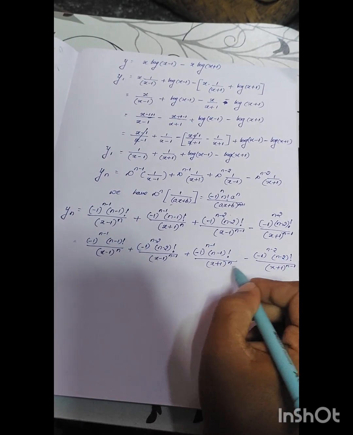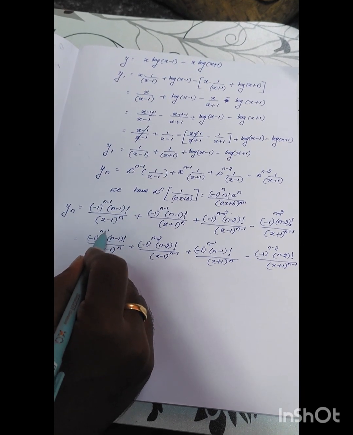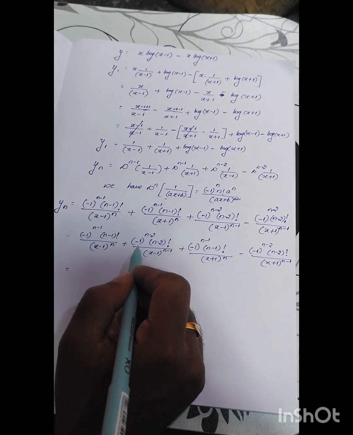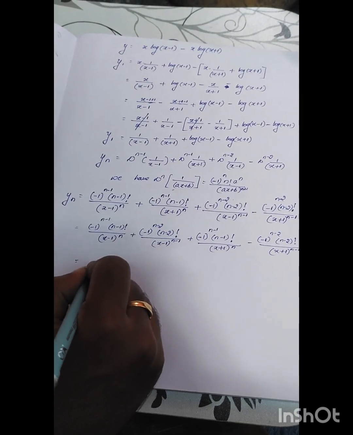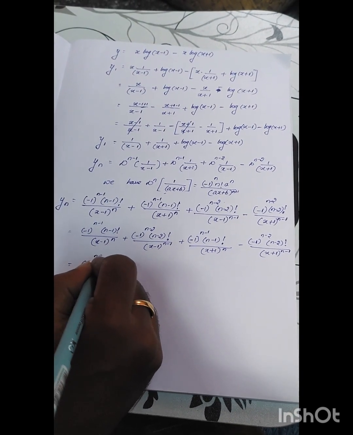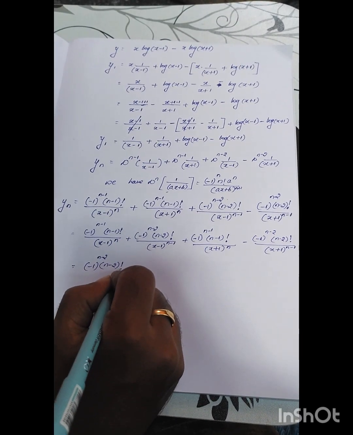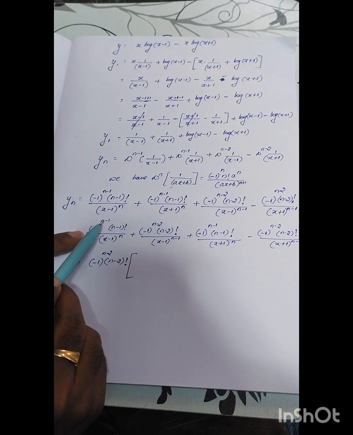Similarly, from these two terms we will take n minus 2 common, and here we have minus 1 raised to n minus 1, and here we have minus 1 raised to n minus 2, but here we will take the lowest of the terms which is common. The lowest is minus 1 raised to n minus 2 factorial. If we take common from the first two terms, what will remain here? I need minus 1 raised to n minus 1 here.